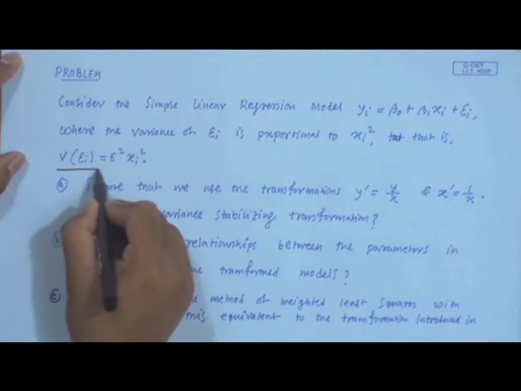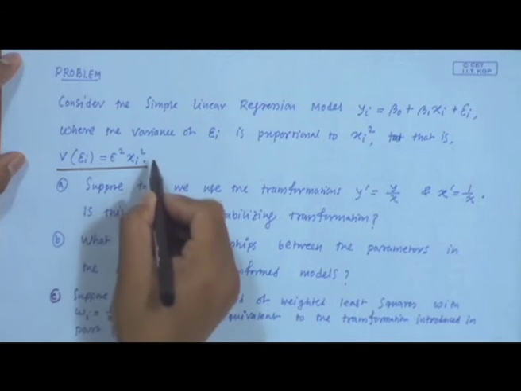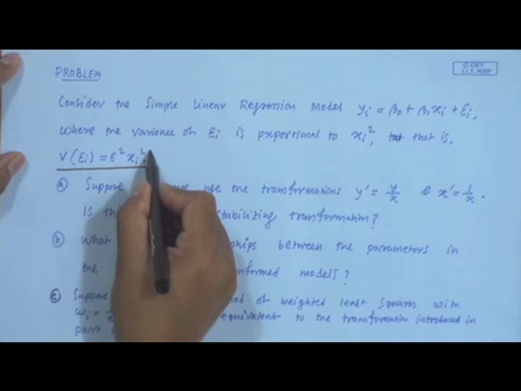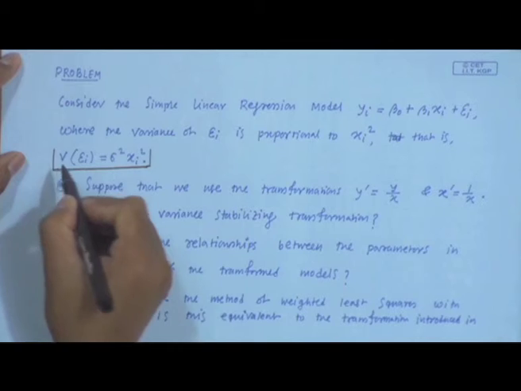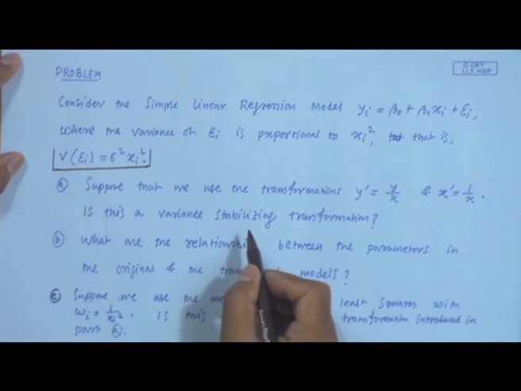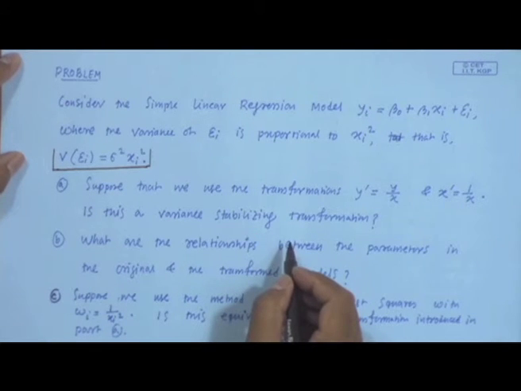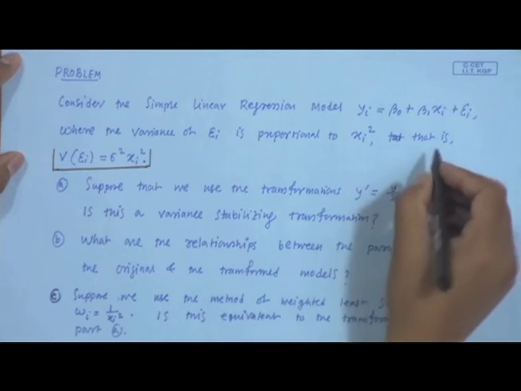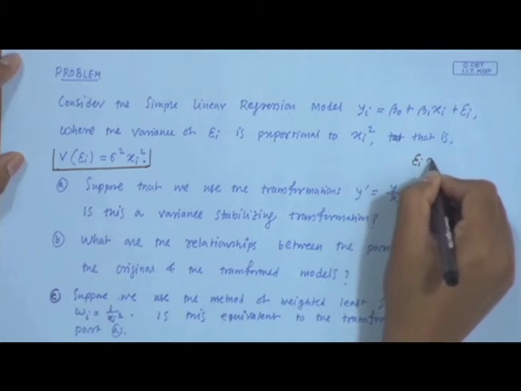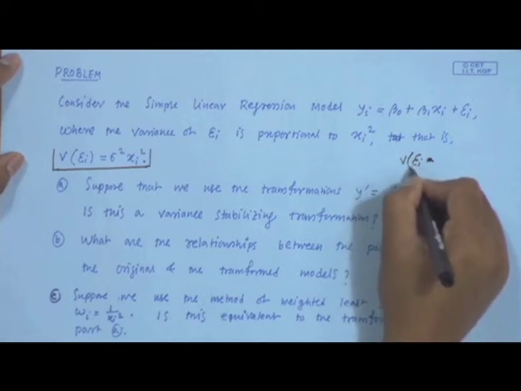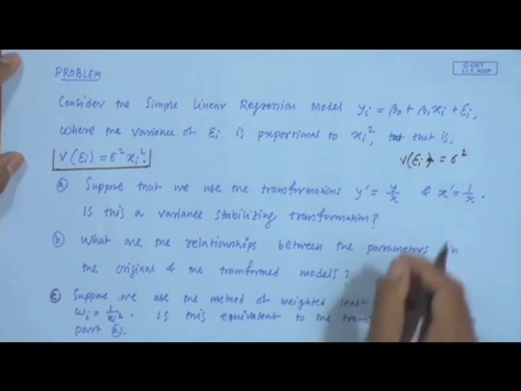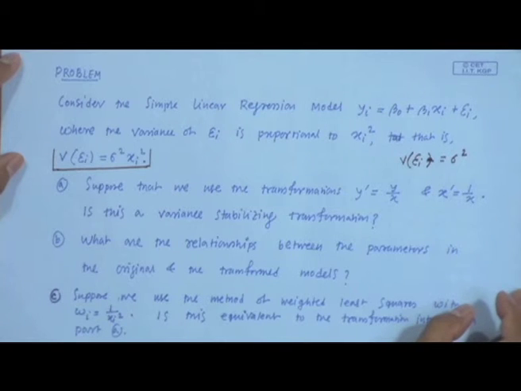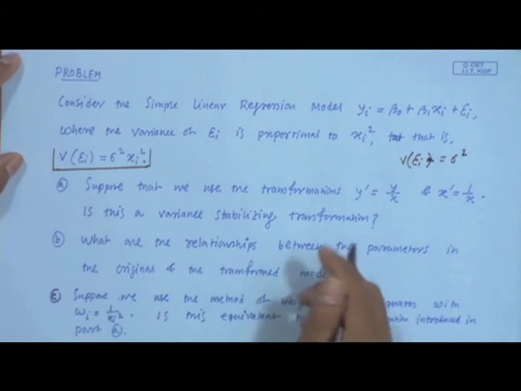So, this means the assumption of constant variance is not satisfied. Usually, if the variance of epsilon_i is equal to sigma square, then we go for the ordinary least square technique, but that is not true here.